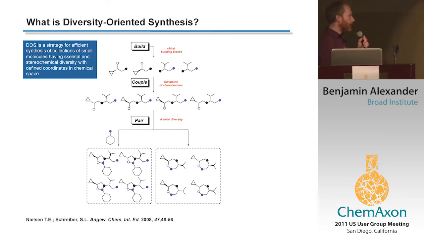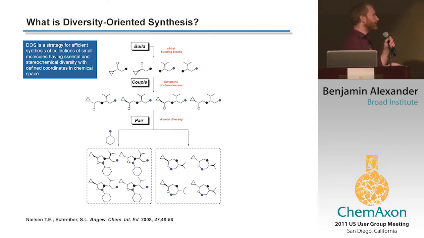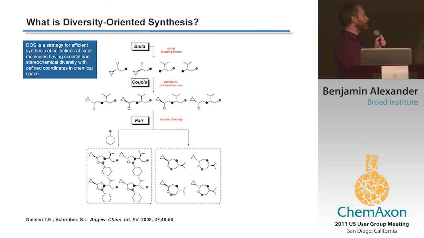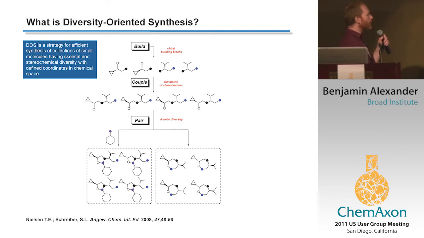We then couple them together, and so now we have a series of different building blocks, even more complicated, again, all stereo-specific. And then in a final pairing step, we bring in another chemical and then perform this final step.